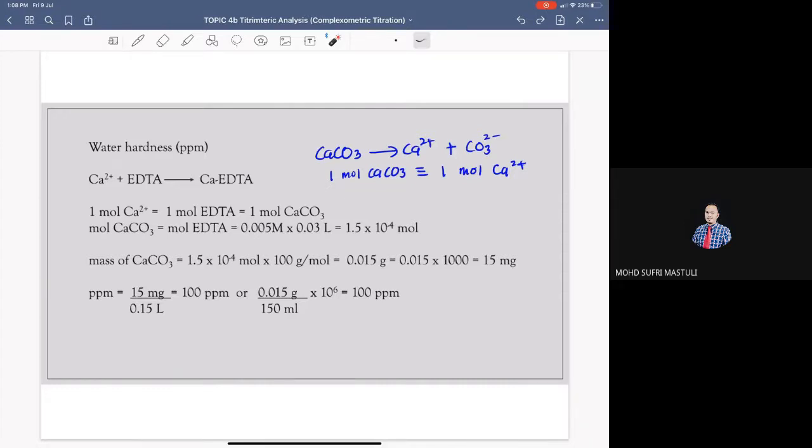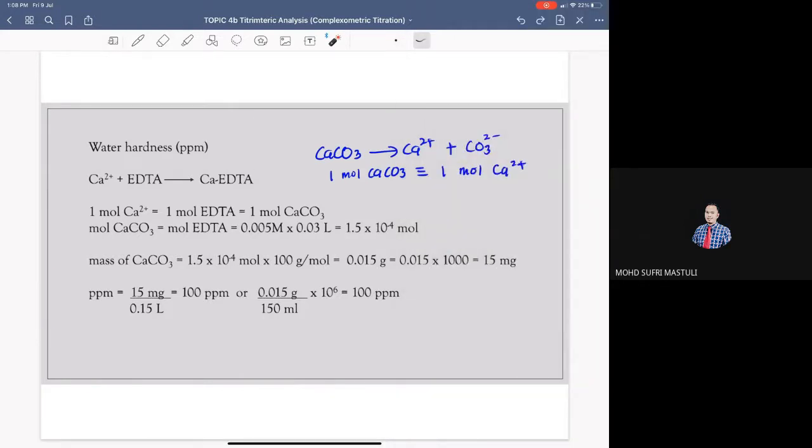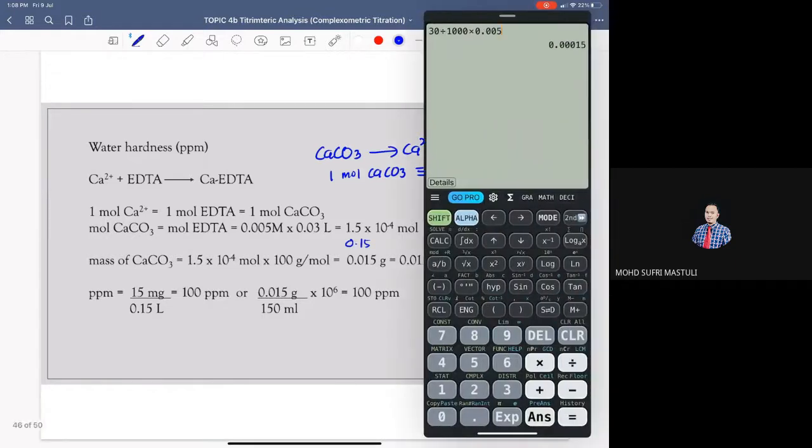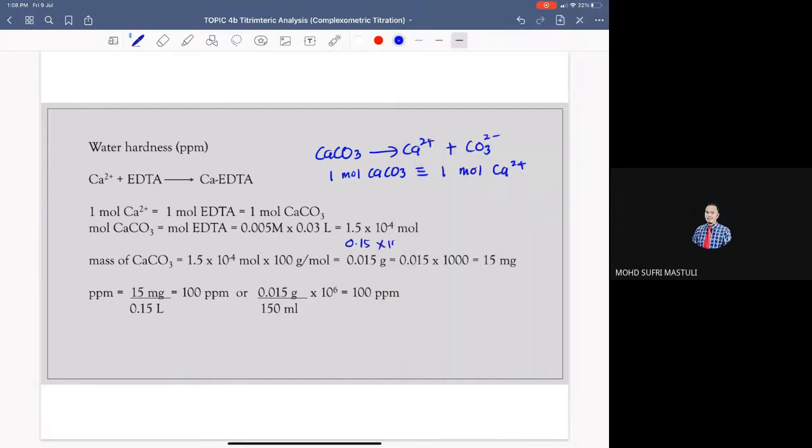So you get 0.15 times 10 to the power minus 3 mole.